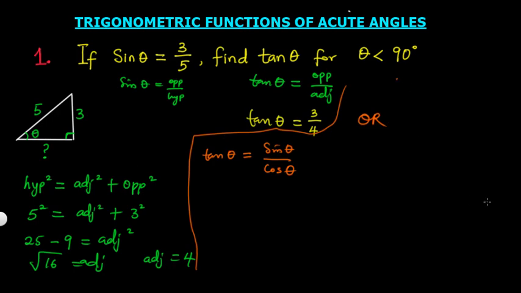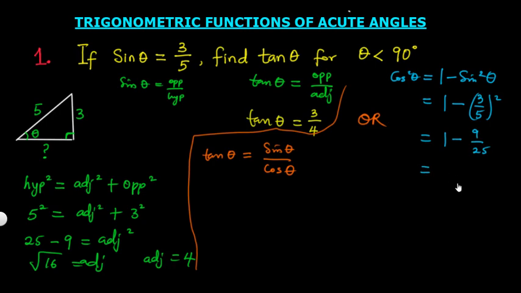And if we remember in our basic trig, one of the trig identities that we must recall is that cos squared theta plus sine squared theta is equal to 1. So we can then say cos squared theta will be equal to 1 minus sine squared theta, which you can say 1 minus, our sine theta here is 3 over 5. Then let's square it. It means 1 minus 9 over 25.